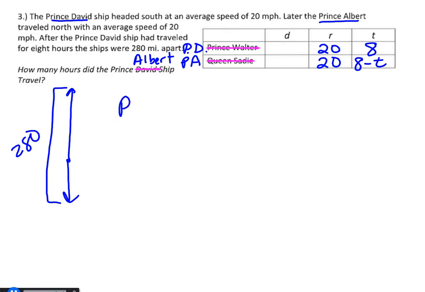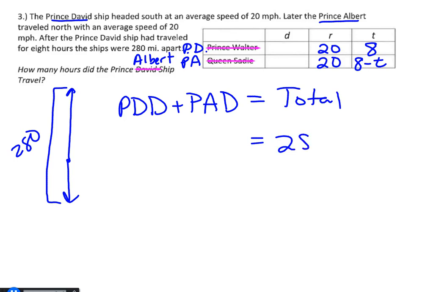So we're going to do Prince David's distance plus Prince Albert's distance is equal to the total distance. Well, the total distance is 280. And then to get Prince David's distance, we're going to do rate times time. So 20 times 8 is 160. Plus Prince Albert's, we need to do 20 times (8 minus t).